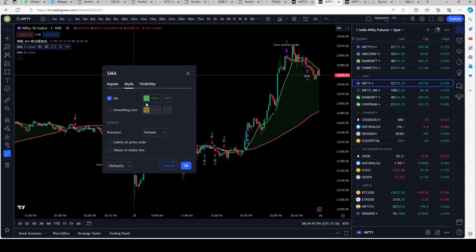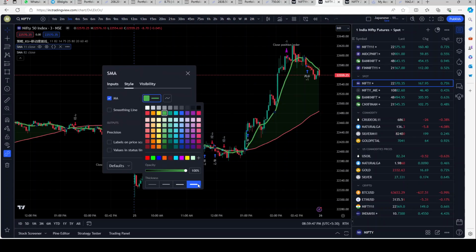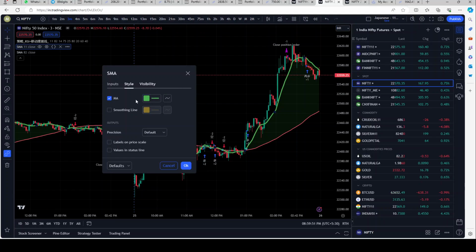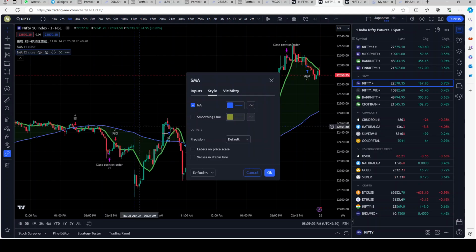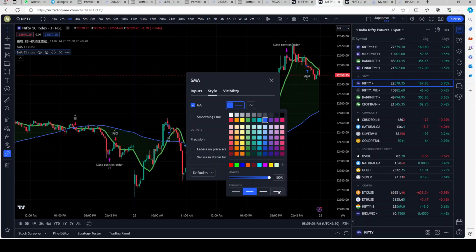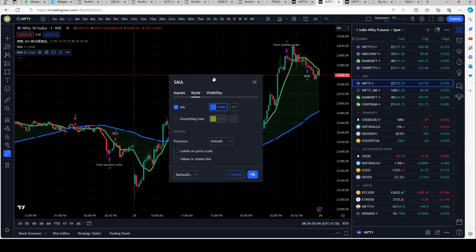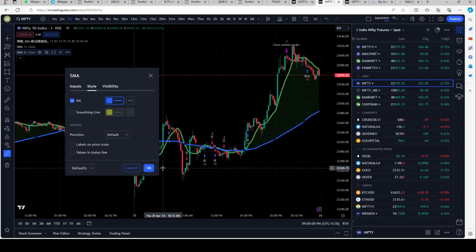What will make it noticeable is if I make this line thicker. You see, if I make this line thicker, exactly that line is getting thicker, and if I take it from 2 to 4, you will see that the bottom line is getting thicker, right?